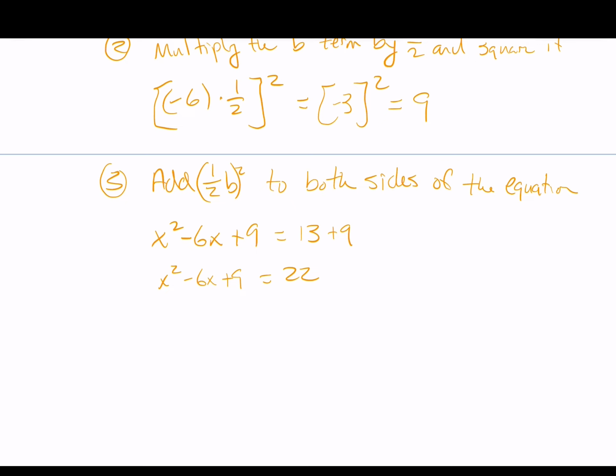And then the left-hand side of the equation can be factored. It's a perfect square: x minus 3 squared is equal to 22. So we can take the square root of both sides, and we get x minus 3 equal to plus or minus the square root of 22.